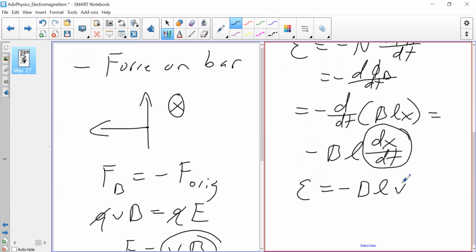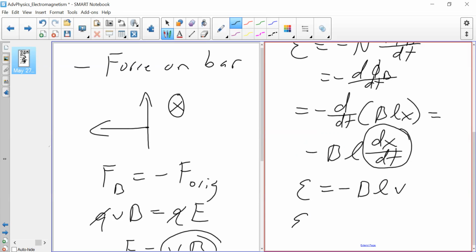Which should make some sense to you, because before the bar actually entered this field and started moving along those two rails, there was no flux, or there was no voltage. So the voltage within the bar is going to be equal and opposite to the voltage created by the bar moving through the field. So we have opposite flux or opposite voltage. It's basically maintaining the state that we had before.